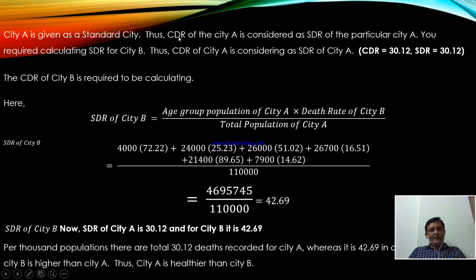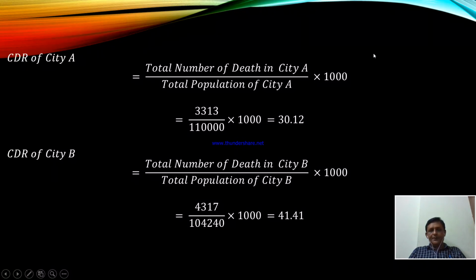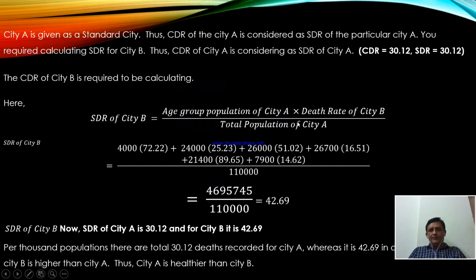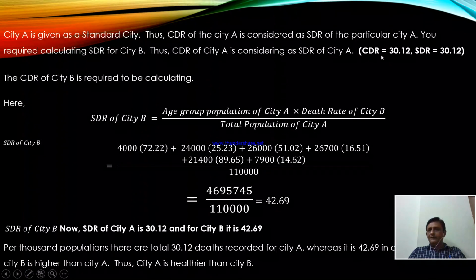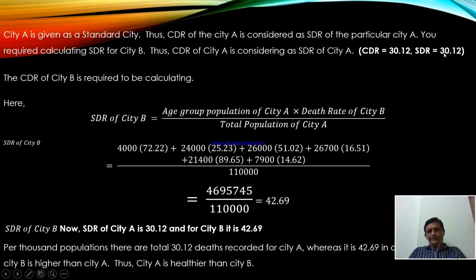That means the CDR of city A is considered as the SDR of city A. You are required to calculate the SDR for city B. Thus, CDR of city A is considered as SDR of city A. Let's go back and check it. 30.12 is the CDR of city A. Now, the CDR of 30.12 for city A is the SDR of city A. Here we considered A as a standard city, so we need to calculate SDR for city B.